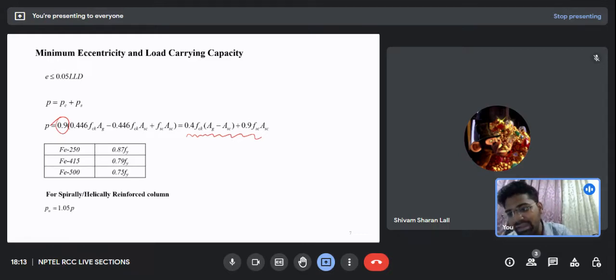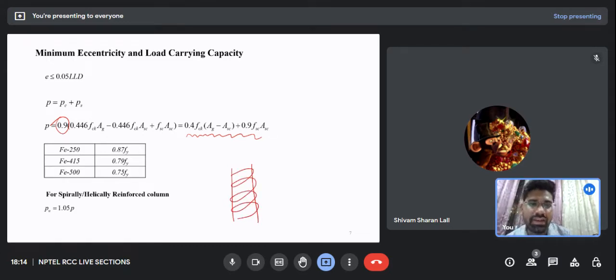And one more point I need to specify here is spirally or helically reinforced columns. I have not classified those columns based upon their lateral ties or based upon their shape. You must be knowing that already. So you must be knowing what is a helically tied column. If the lateral ties are provided in the form of helicals in a circular column, then we call it a spirally or helically reinforced column.